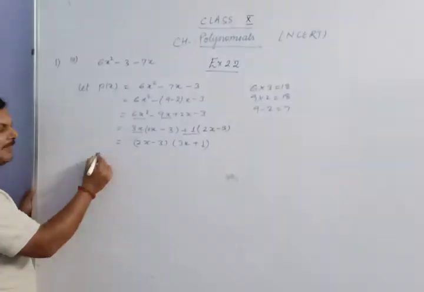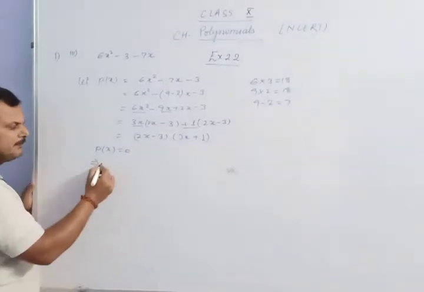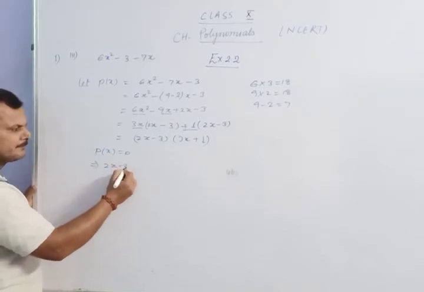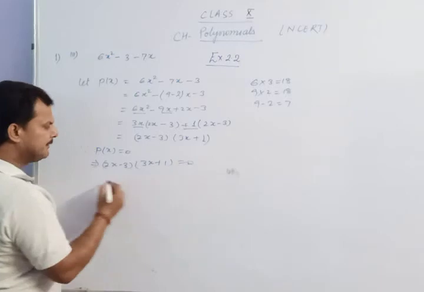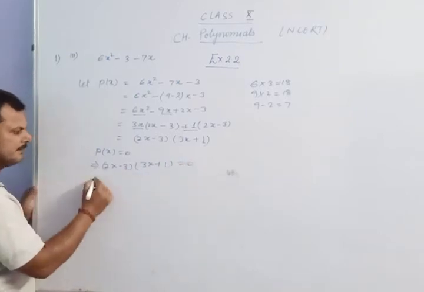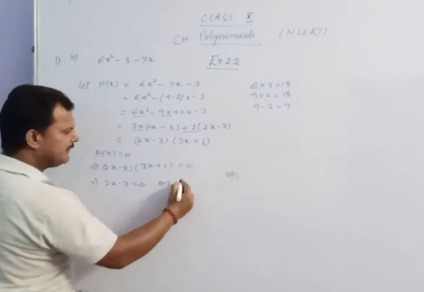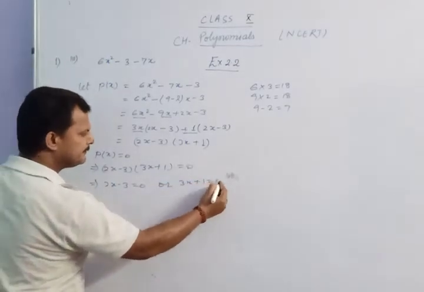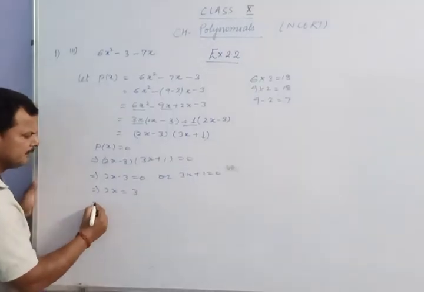Similarly, since px must be 0 because we have to find the zeros, it means this must be 0. It means the first factor will be 0 or the second factor will be 0. Or 2x is equal to 3.